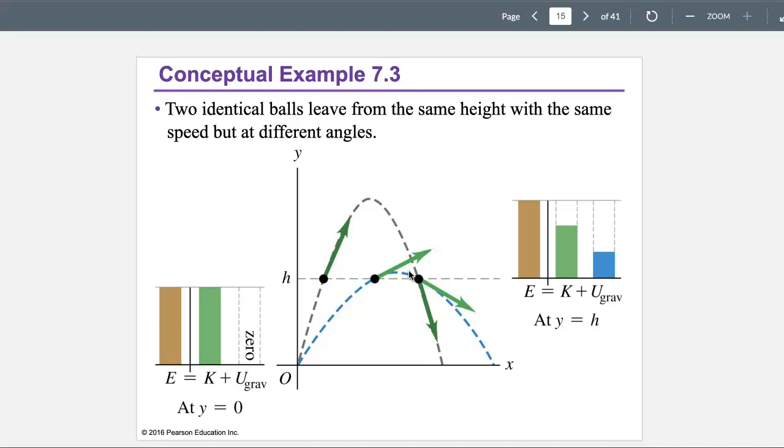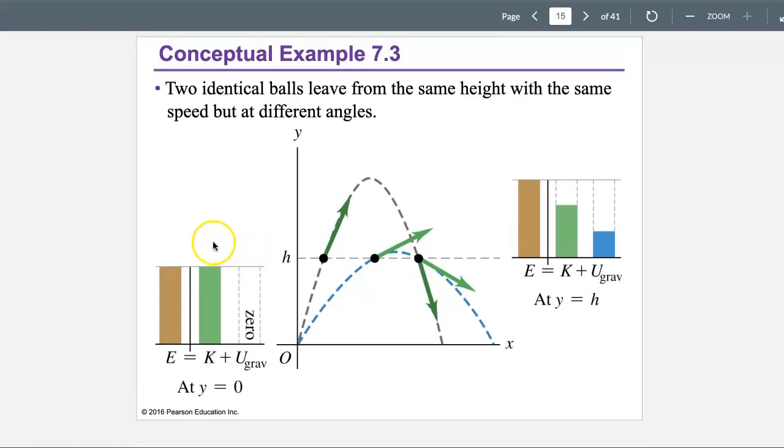Now here we are showing you the energy bar diagrams. For example, here at this point is where the object was released, and then it was here at point H. We can actually draw the two diagrams.